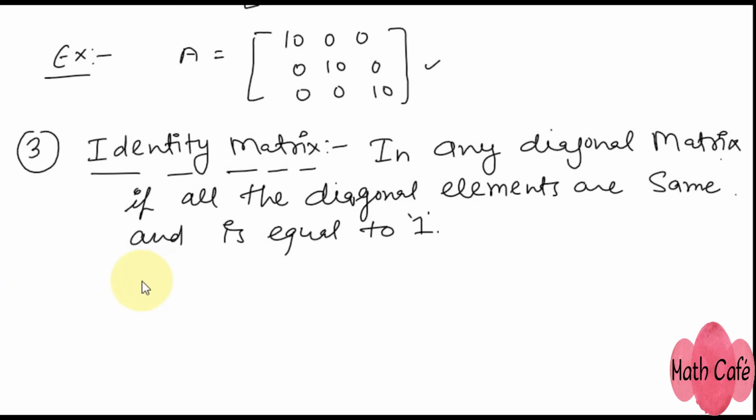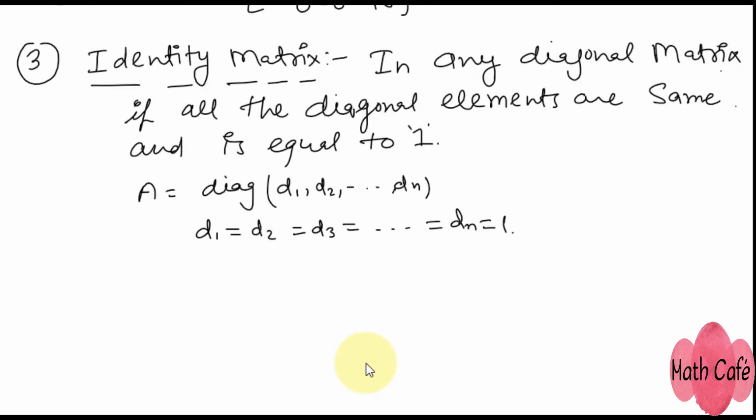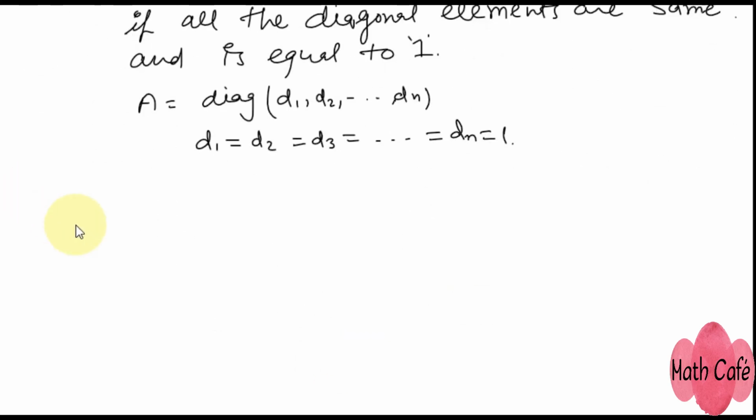So if any diagonal matrix is represented by diagonal of d1, d2 up to dn, in this matrix if I put d1 equal to d2 equal to d3 equal to dn equal to 1, then this type of matrix will be called identity matrix. So let's take an example here.